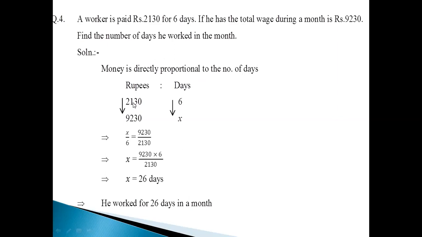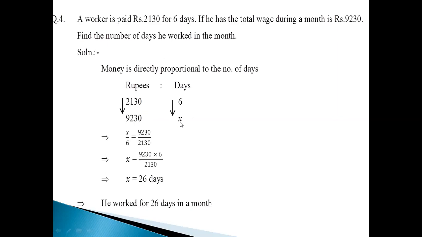So 2130 for 6 days, 9230 for X days. We don't know the days. We are going to find the days. Now, remember one thing. The arrow will go from smaller to greater. 6 days, 2000. Automatically, if it is 9000, then the number of days will also increase.